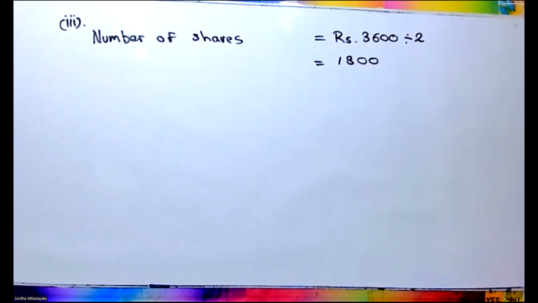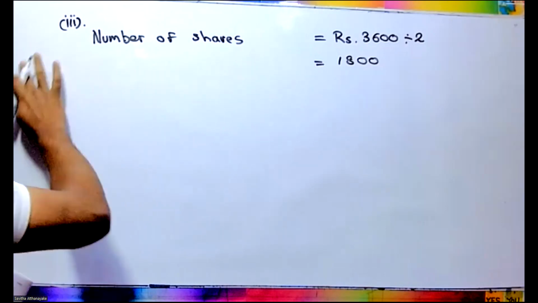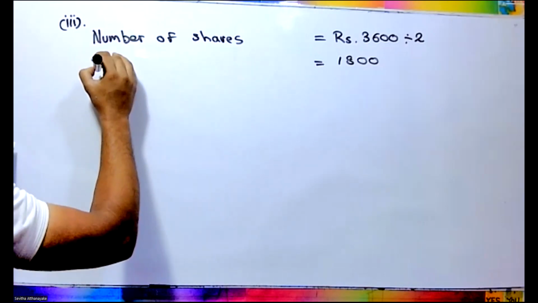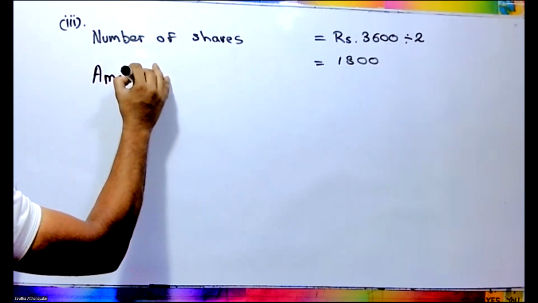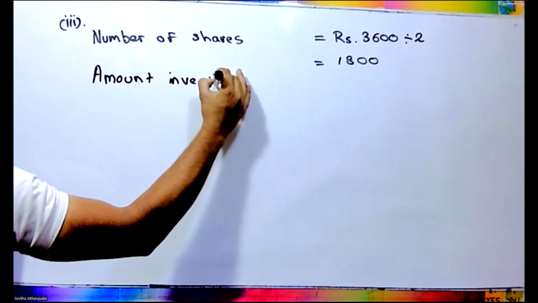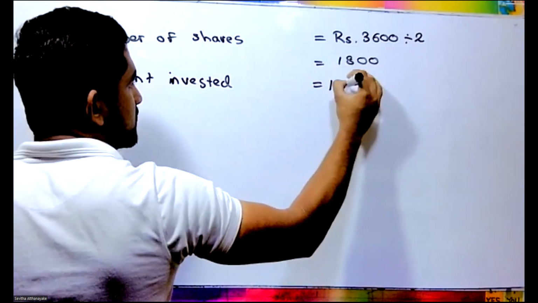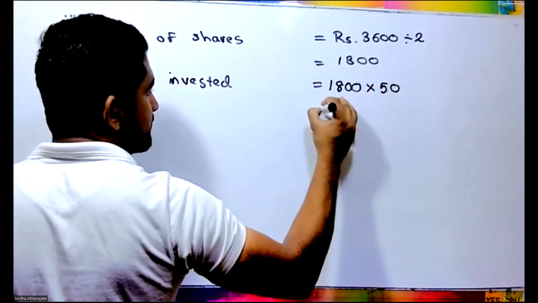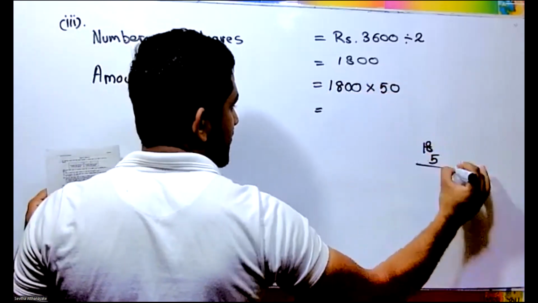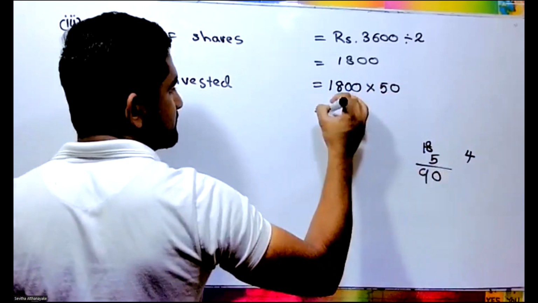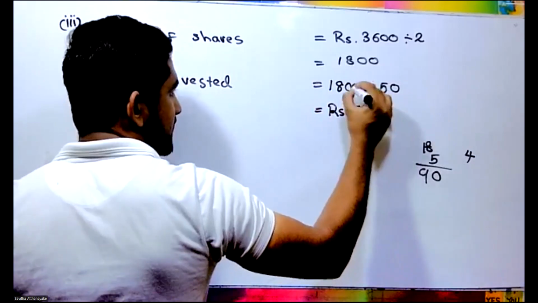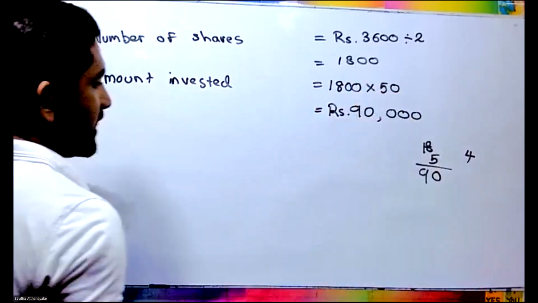Number of shares. Then we need to find the extra amount he added. First let us see how much he spent to buy these shares. Then we can write amount invested. It was 50 rupees per share. 1,800 multiplied by 50. 18 multiplied by 5, 4 remaining 9. Rupees 90 and 3 zeros. 90,000.